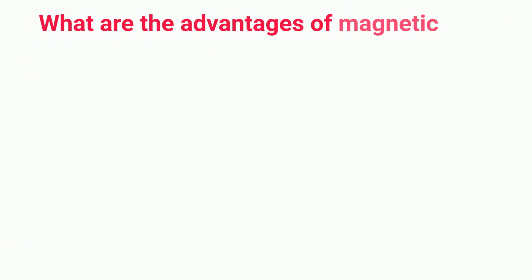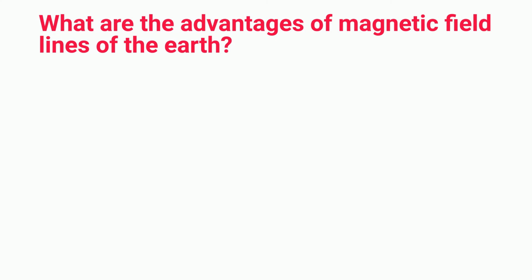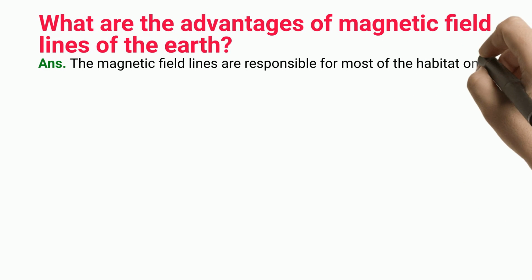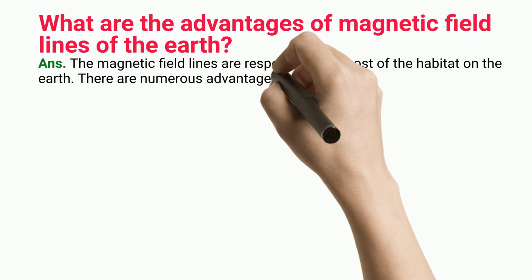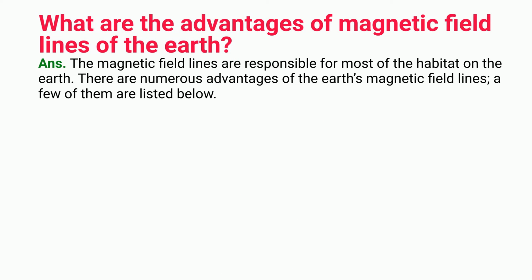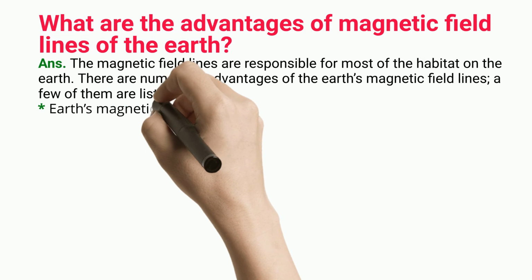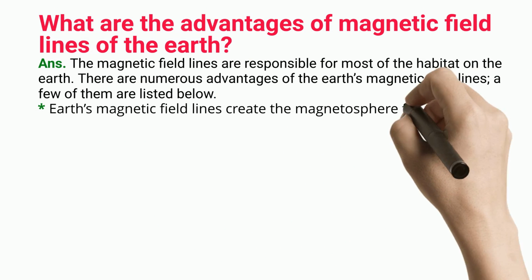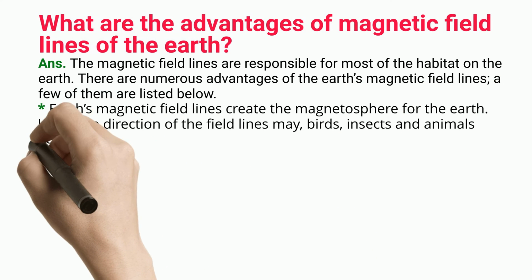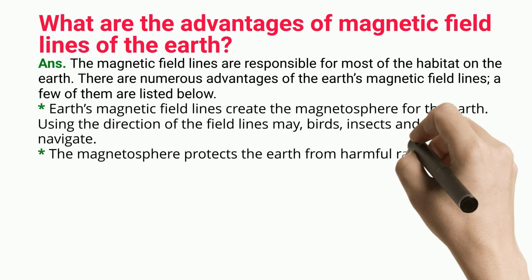What are the advantages of magnetic field lines of the Earth? The magnetic field lines are responsible for most of the habitat on the Earth. There are numerous advantages of the Earth's magnetic field lines, a few of them are listed below. Earth's magnetic field lines create the magnetosphere for the Earth. Using the direction of the field lines, birds, insects and animals navigate.